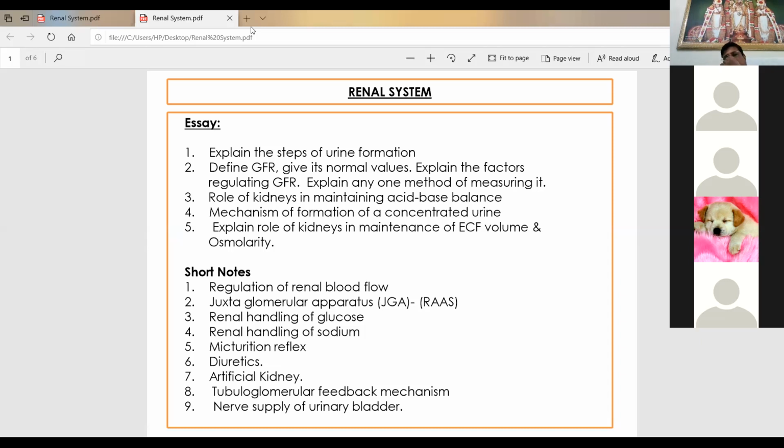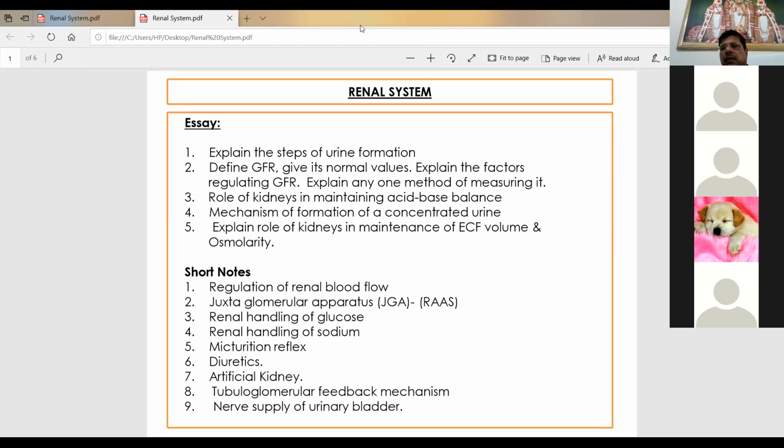So in the last class, we discussed acid-base balance, and we saw that there are three systems involved in its maintenance. To understand anything about acid-base balance, you first have to know the Henderson-Hasselbalch equation: pH is equal to 6.1 plus log of bicarbonate divided by 0.03 times the partial pressure of carbon dioxide. So two things determine the pH: the bicarbonate and the partial pressure of carbon dioxide.